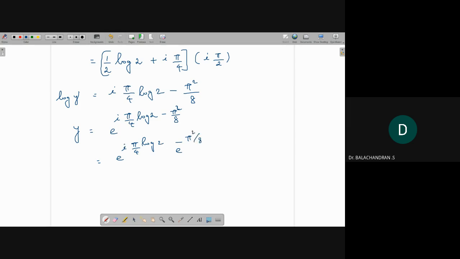So this is e power i theta. This is theta. So you can write first e power minus pi square by 8 into e power i theta, which is cos theta plus i sin theta, where theta is pi by 4 log 2. So I need a real part.